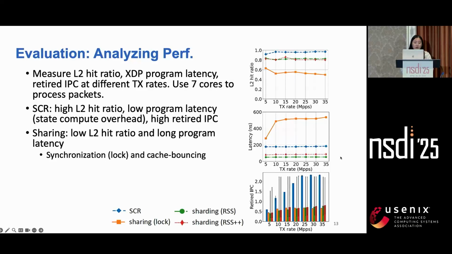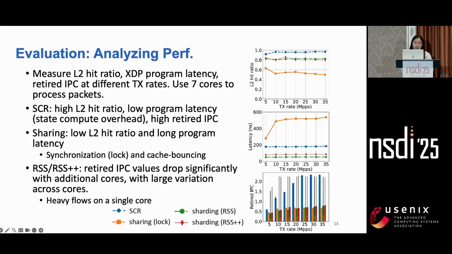For sharing, we see the L2 hit ratio is low and the program latency is long. This is due to the synchronization and the cache bouncing cost. And for RSS and RSS++, the retired IPC value drops significantly with additional cores, and here it is 7 cores. And we see there's large variation across cores. This is because some heavy flows might be assigned to a single core, and that single core might be a bottleneck.